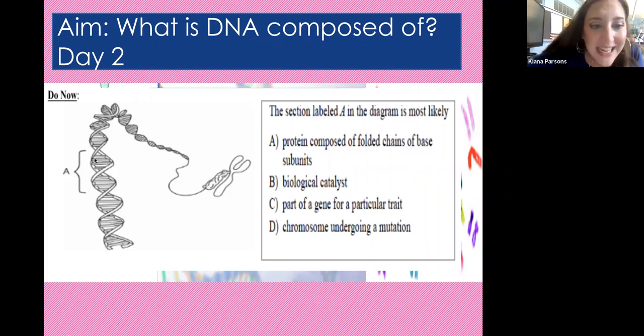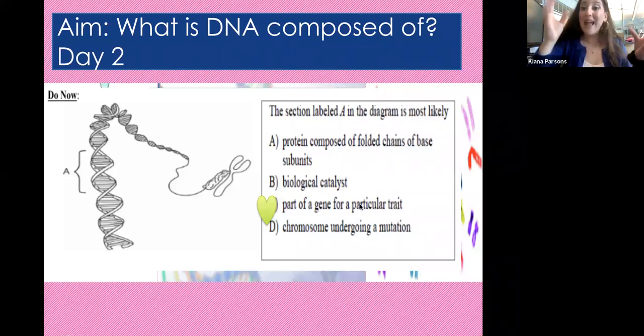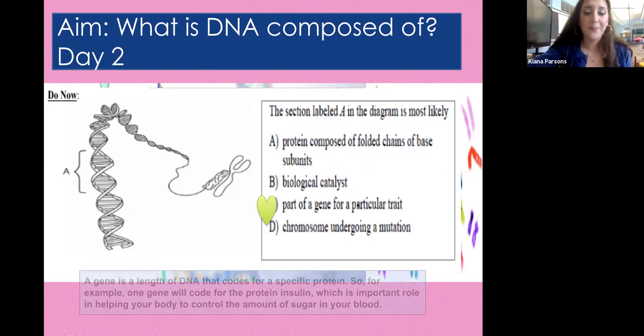But it's a section of DNA, and that section of DNA is part of a gene for a particular trait, right? So genes are within our DNA, and it may be many genes that code for any one trait, or it could be a single gene trait, like we saw in the Netflix Explained episode talking about eye color, for example, that is controlled by a single gene.